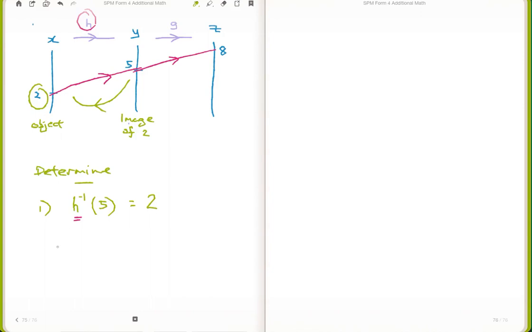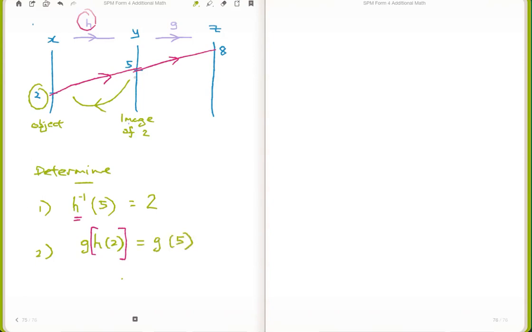Right? Now next, you are asked for the composite function gh(2). It looks so complicated, but it's not. You look at the one towards the end. So here, gh(2), what is h(2)? h(2) is 5. So therefore, you may simplify this further, it is actually g(5).